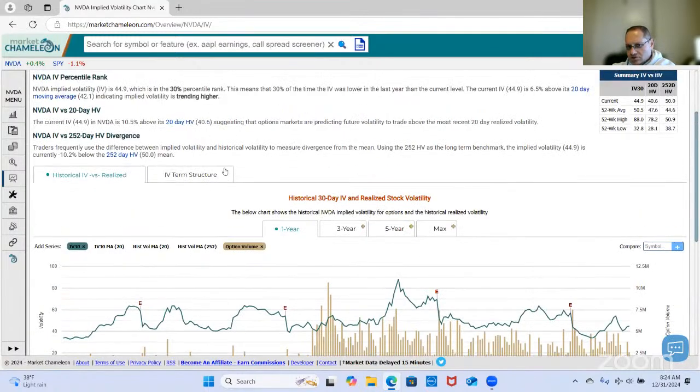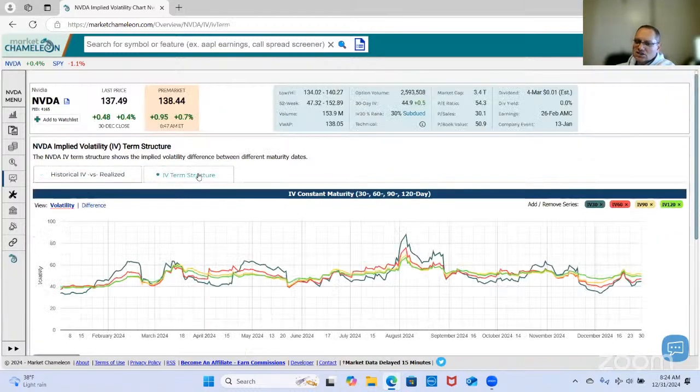Now, there's another tab here, and it's called the IV term structure. So let's click on that. And what this does is now allow us to look at certain other implied volatility benchmarks. We talked about the IV 30-day constant maturity.